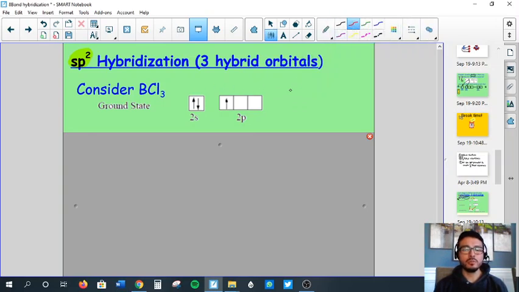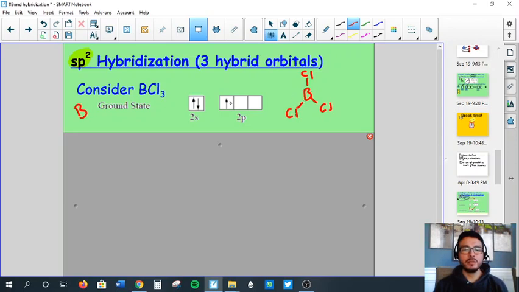BCl3. This trigonal planar molecule, boron trichloride, begins with boron's ground state, which looks like this. Two electrons in the 2s and one in the 2p. We have three ligands, three bonds.